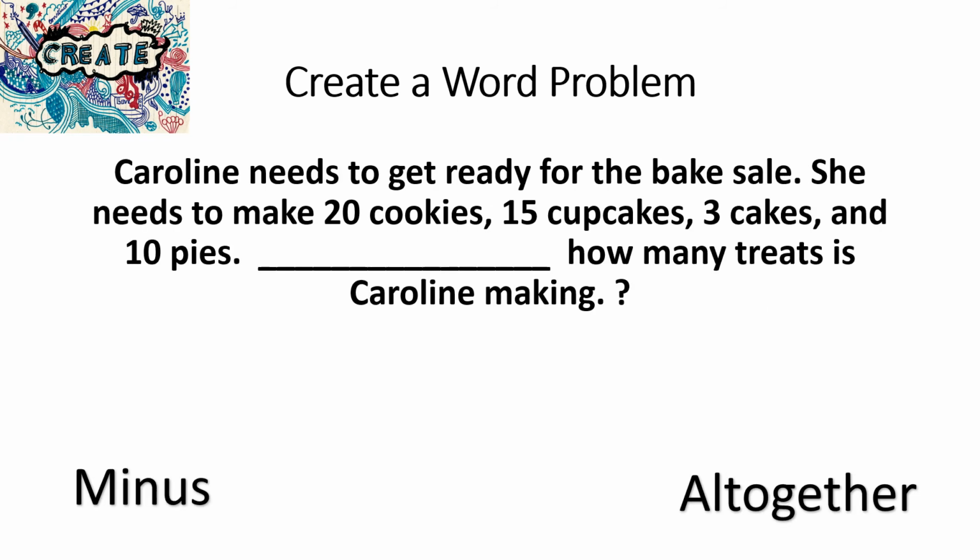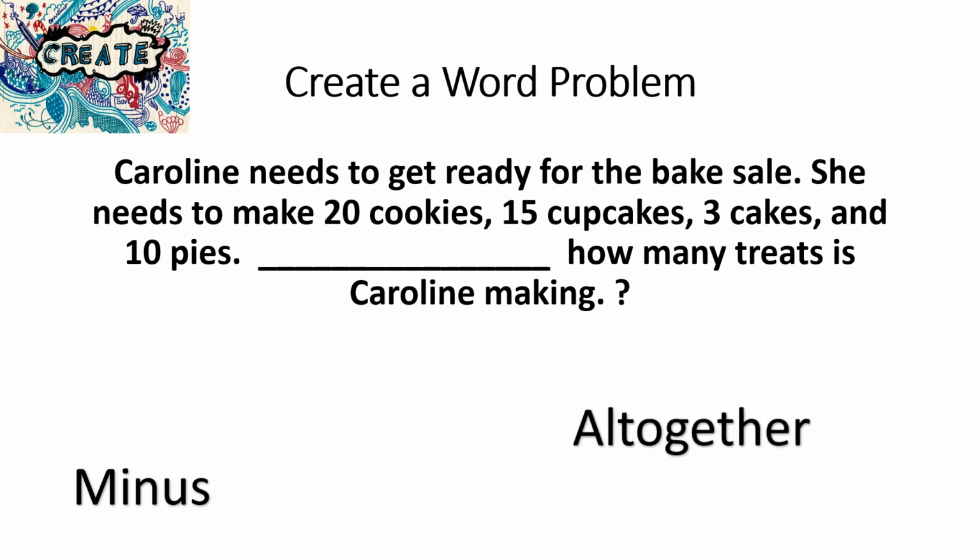Caroline needs to get ready for the bake sale. She needs to make 20 cookies, 15 cupcakes, 3 cakes, and 10 pies. Blank, how many treats is Caroline making? Which word should go in the blank? Minus or all together?